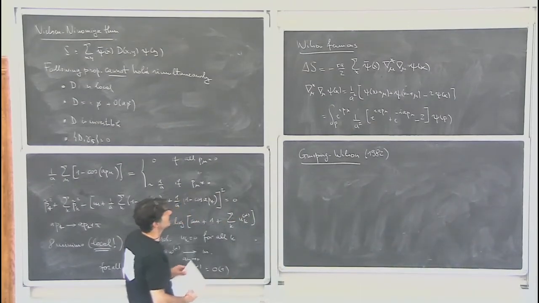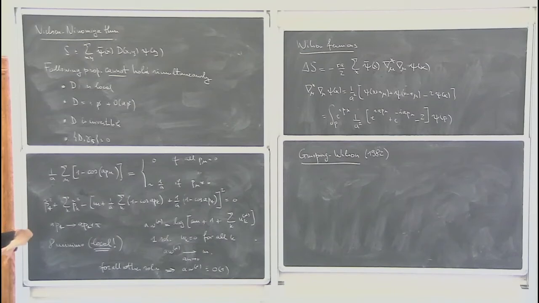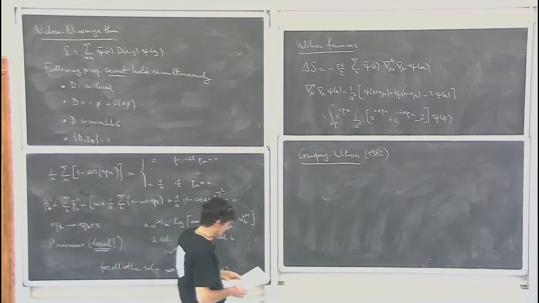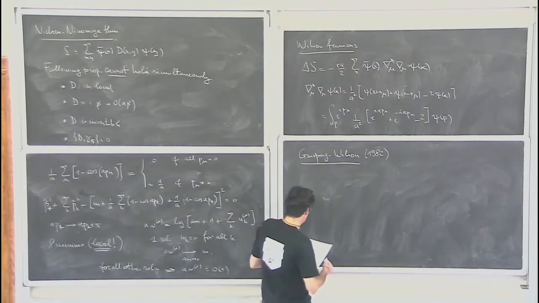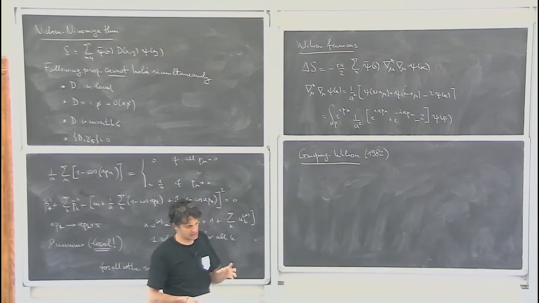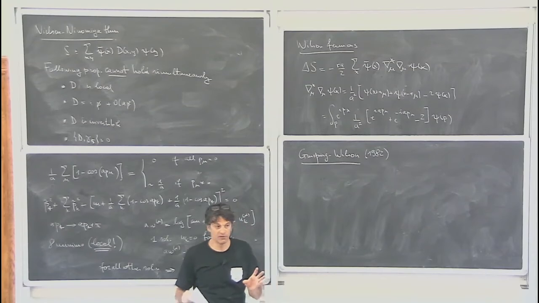So Ginsparg and Wilson decided to try to build a fermionic action in a different way. Instead of being naive and just discretizing, they decided to build the lattice action by integrating out from the continuum, by blocking, if you like, a continuum theory.